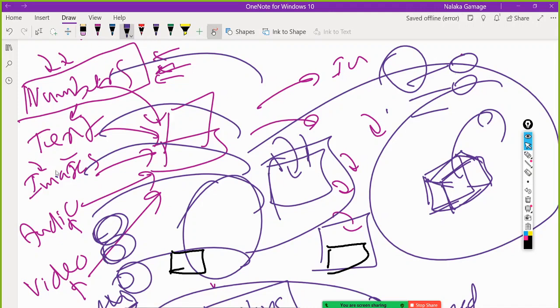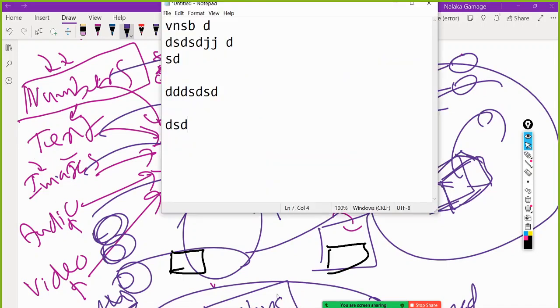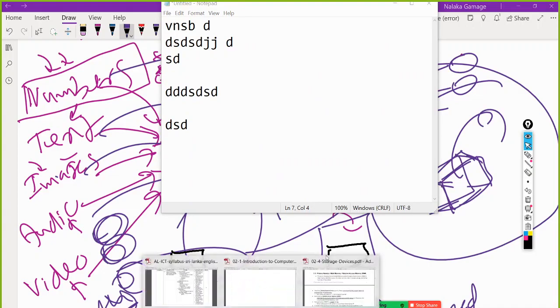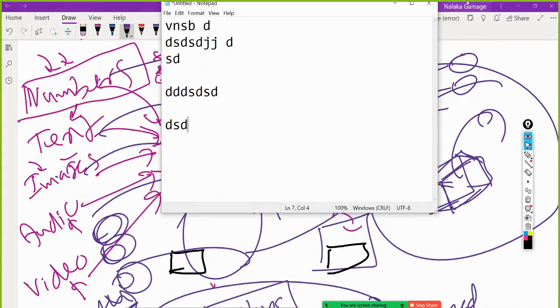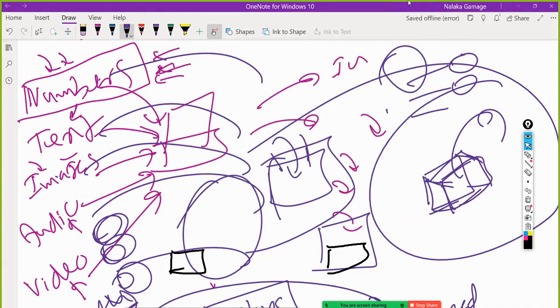How does a computer convert this kind of text that you are typing into this kind of nicely formatted document? What is the idea behind that? Because that is what you are supposed to know at the end of that topic, not at the end of the A-level ICT, but at the end of the introduction to computer topic, right?